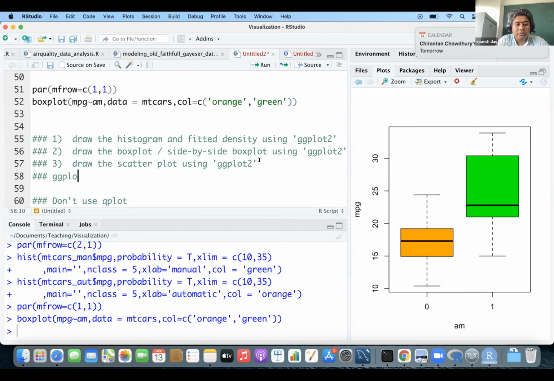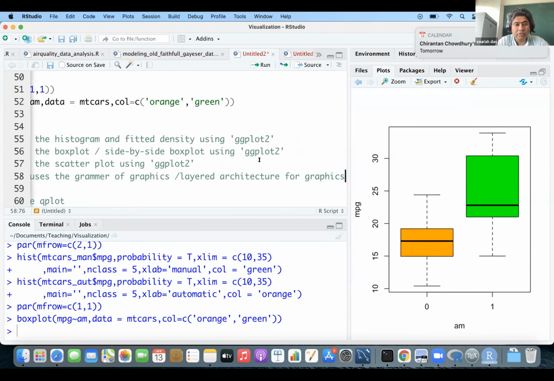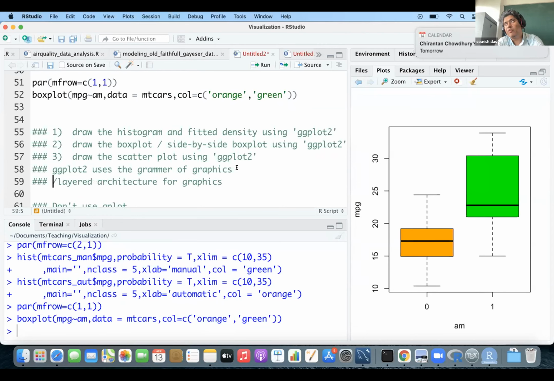So ggplot2 uses the grammar of graphics, or something called layered architecture, for graphics. In fact, nowadays what I have heard, Tableau also uses the same concept of grammar of graphics. So it has become a norm to follow this grammar of graphics, and it's very useful also.